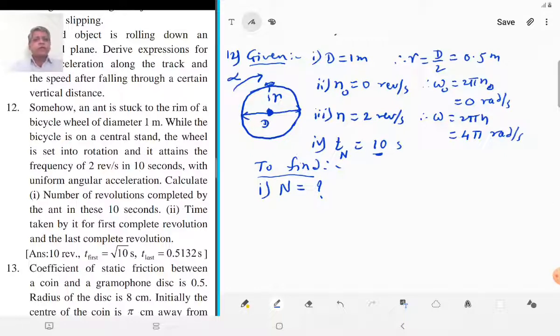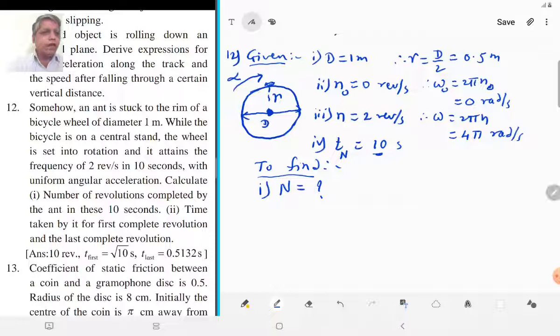Second point, time taken by it for the first complete revolution and the last complete revolution. As the wheel rotates with uniform angular acceleration, that means that is accelerated motion, so the time taken for every revolution is different.